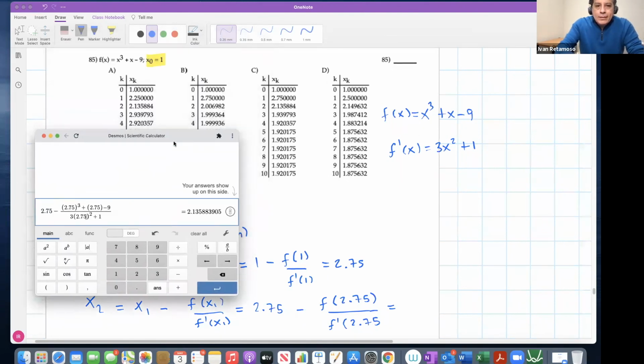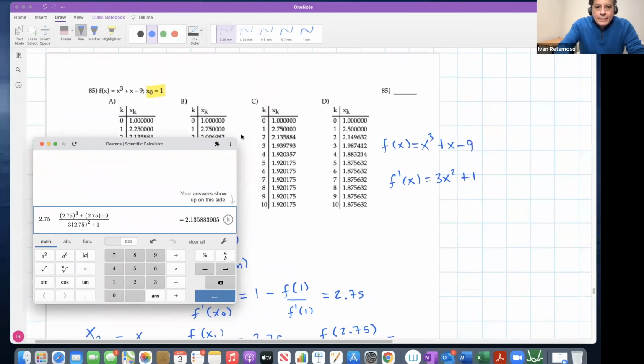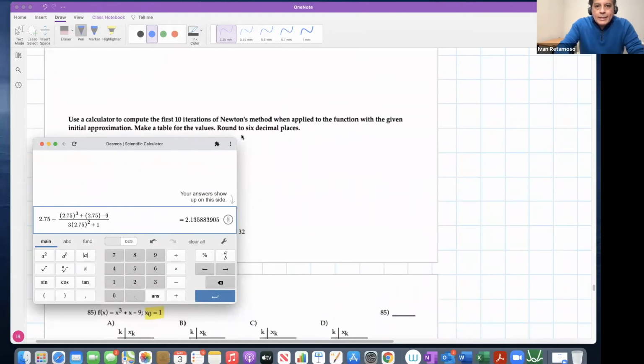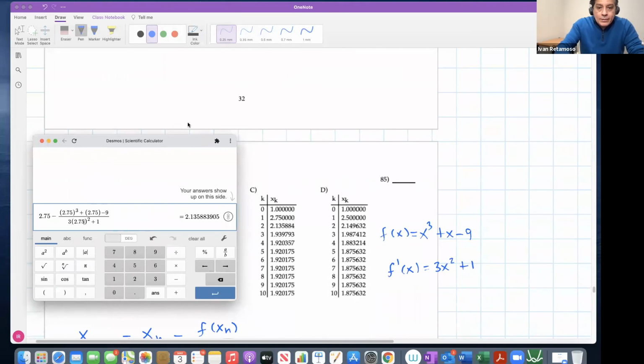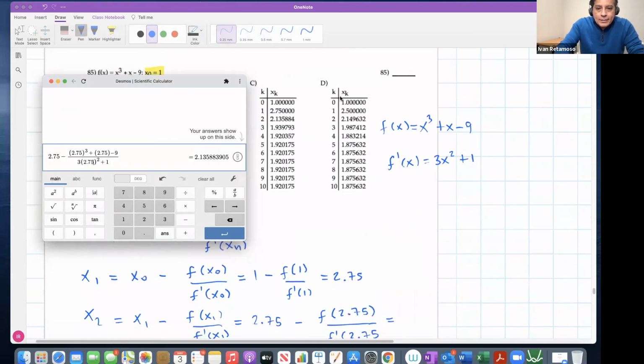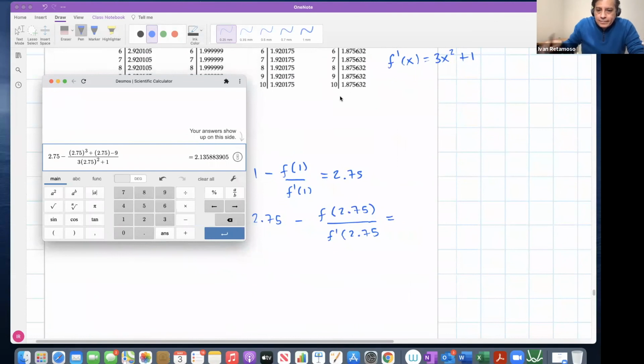Let's see how many digits they want. They want, I think, in this particular problem, 6 decimal places. So make sure you write this up to 6 decimal places, right? So we're going to do that. So this will be 2.135884.